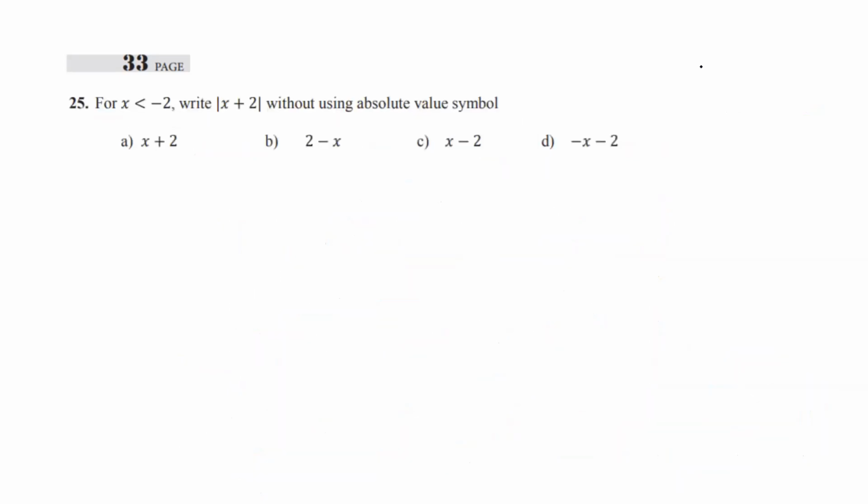Next exercise, number 25. We are given a condition, x less than minus 2. You want to write the absolute value of x plus 2. So looking at the answer proposals, we have no absolute value. So the question is how to remove absolute value.